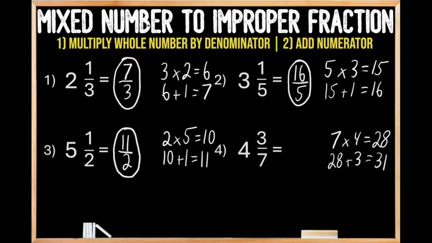So that means that our numerator here is going to have a value of 31, and then our denominator's value hasn't changed, it's still in sevens. So when we convert the mixed number of 4 and 3/7 to an improper fraction, we get the improper fraction of 31/7. So hopefully by now you understand how to convert mixed numbers to improper fractions.